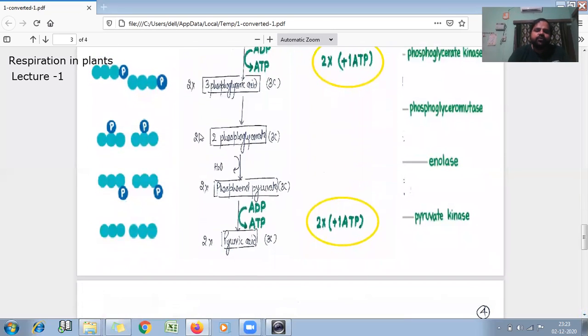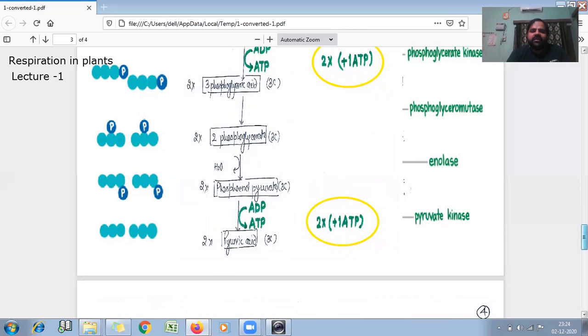This 2-phosphoglycerate has been converted into phosphoenol pyruvate, and by the action of the enolase enzyme, a water molecule has been released. Now this phosphoenol pyruvate has finally been converted into pyruvic acid, and one ATP has been generated.